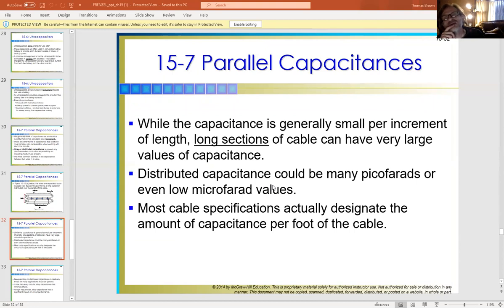It's all based on length, and we'd have to get into some of the formulas involved. But a real long section of cable, if we've done it right, can have a good storage potential to it. Not for very long, right? It's more of a quick style thing.